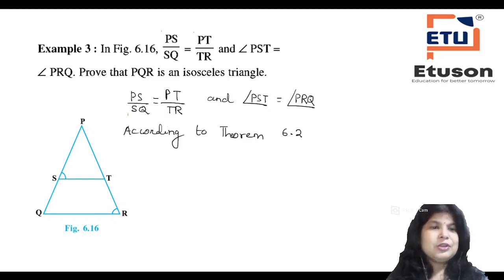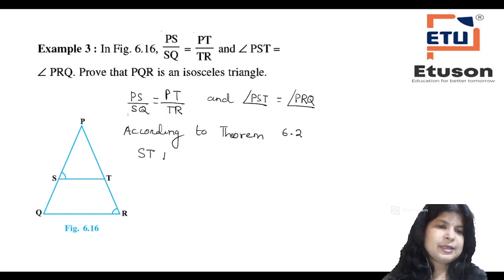Correct or not? So here PS by SQ is equal to PT by TR. So from theorem 6.2, you obtain ST is parallel to QR. Right? ST is parallel to QR.